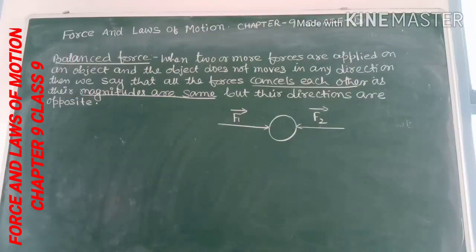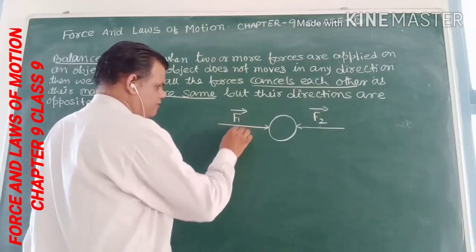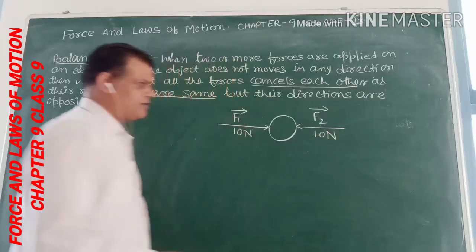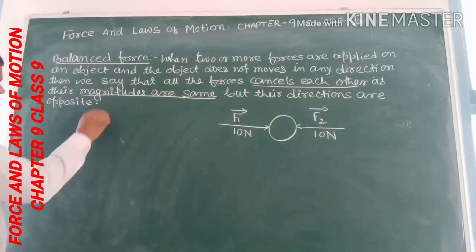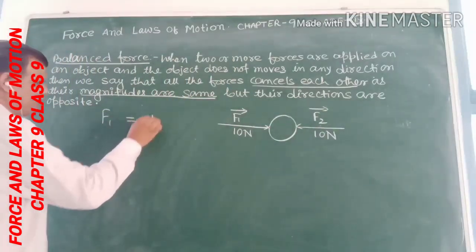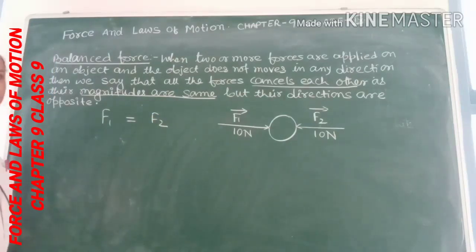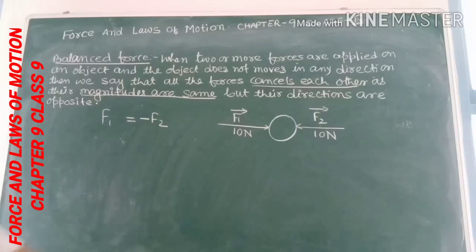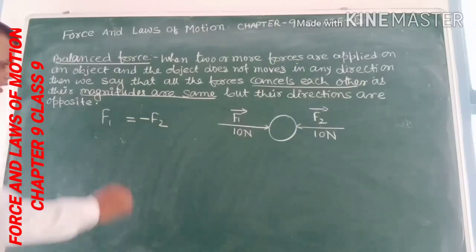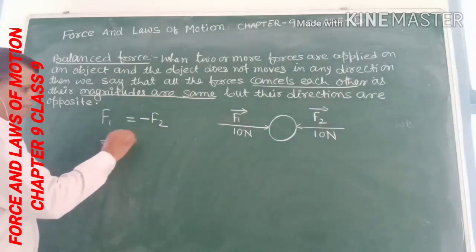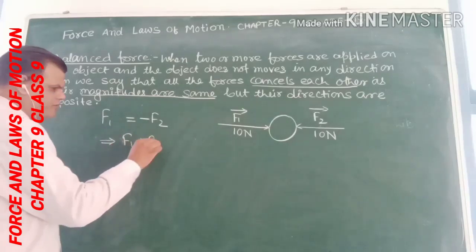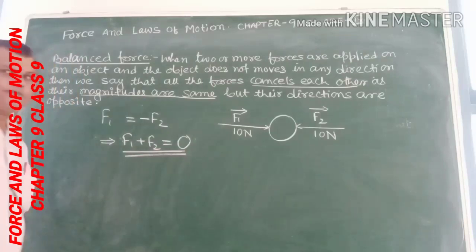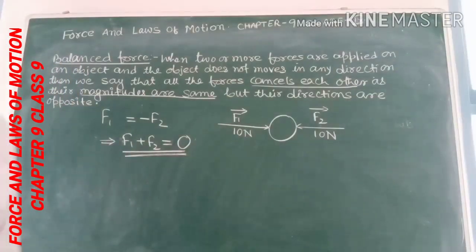Suppose both forces are of 10 Newton. Then F1 is equal to F2, but they are in opposite directions, so we mark a negative sign on one of them. When the sum of these two forces is 0, we say that the forces are balanced forces.